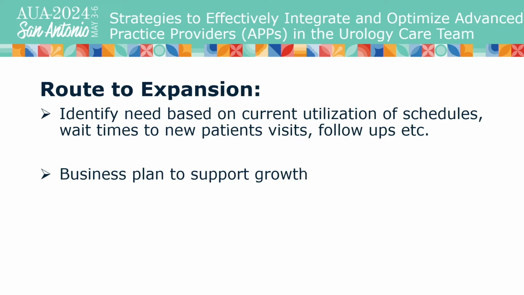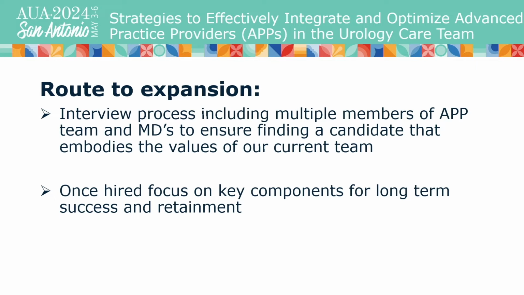You have to identify the needs. So we looked at our new patient wait times, our utilization of our current schedules, and how long we are booking out for follow-ups and cystoscopies, understanding that in order to grow the department, APPs would have to play a major role in this.